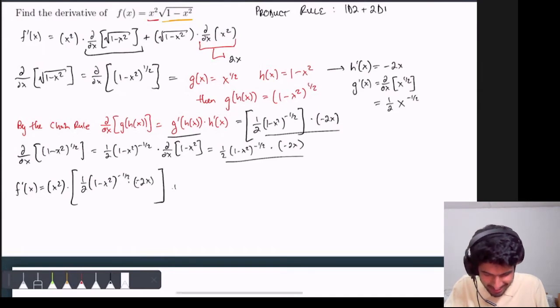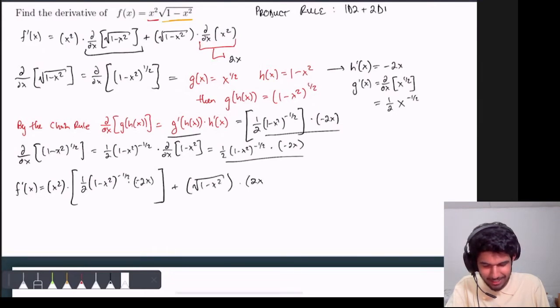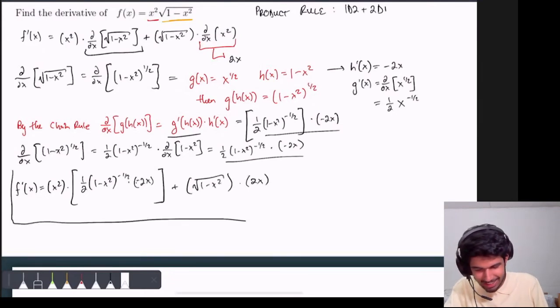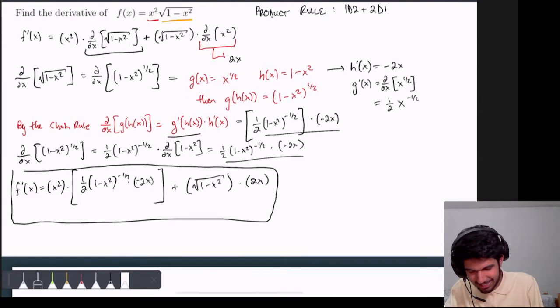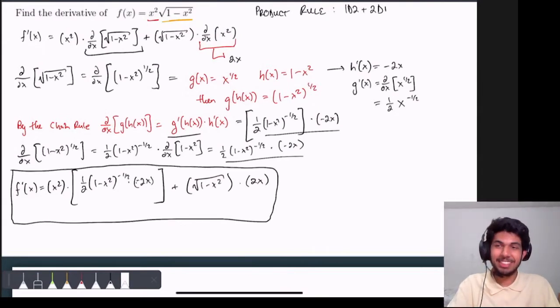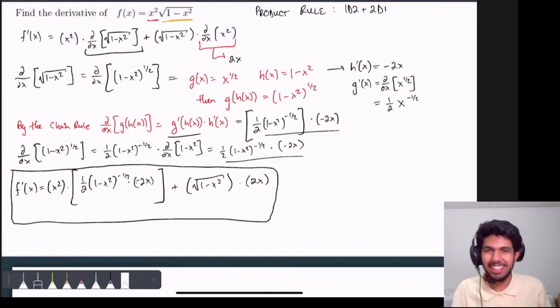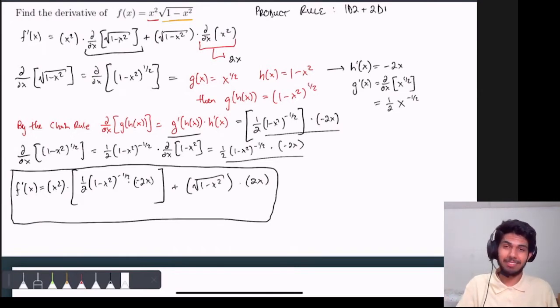That plus the second term, 1 minus x squared square root, times 2x. And that is our answer. Something like that. We can simplify it further if we wanted to. I don't feel like doing that because that's just a lot of algebra. But the point is we have calculated the derivative. It is that answer. Just not simplified all the way, but yeah.